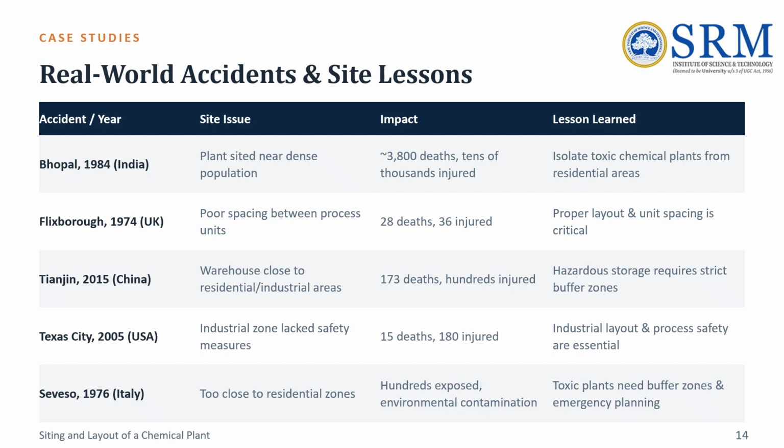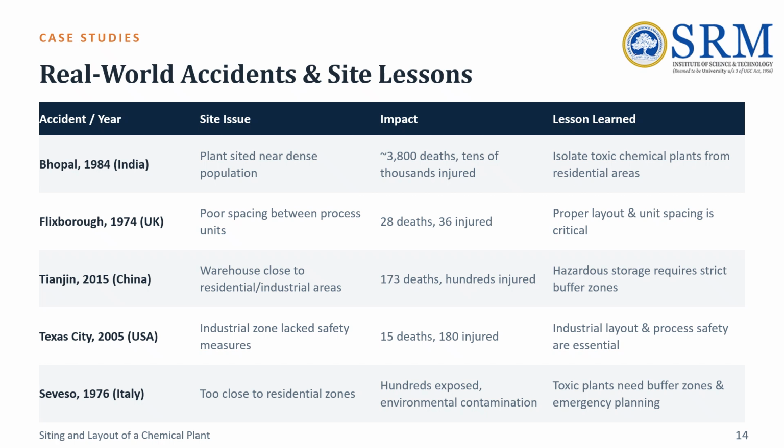Let us talk about real world accidents and site lessons. Several major industrial disasters highlight the importance of proper siting and layout. First, the Bhopal disaster of 1984 occurred because a highly hazardous chemical plant was located close to densely populated areas. The Flixborough accident in the UK demonstrated the consequences of poor equipment spacing.